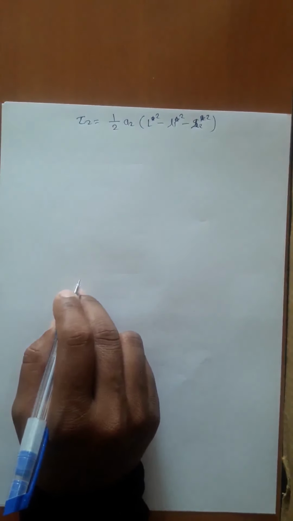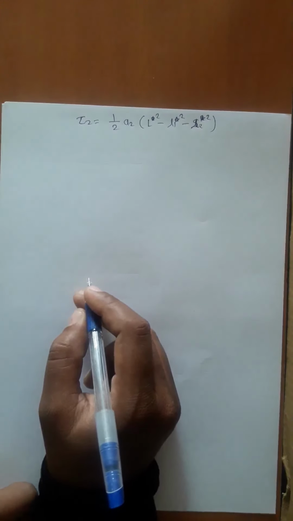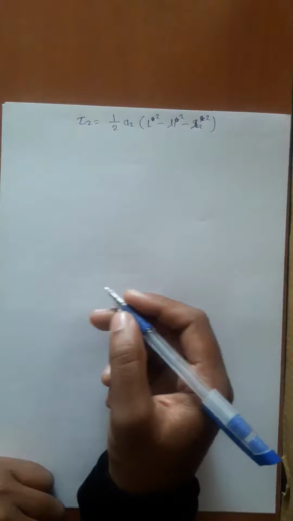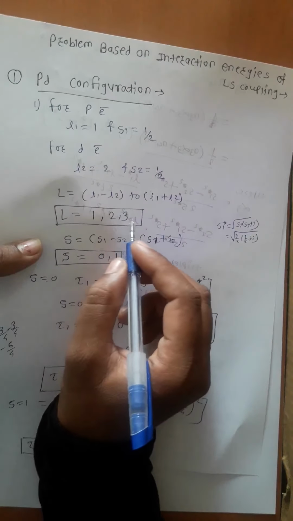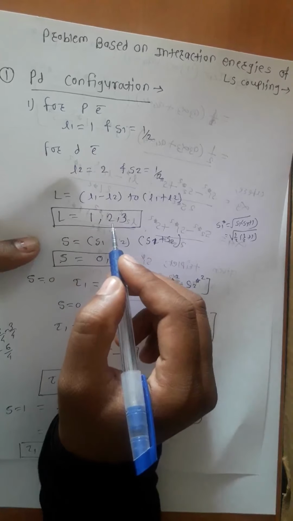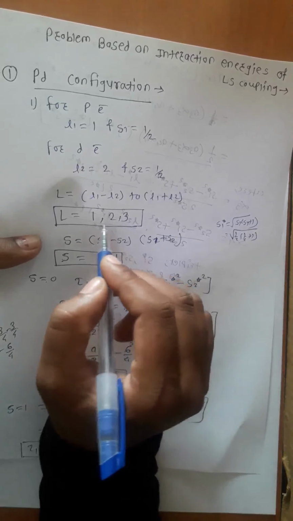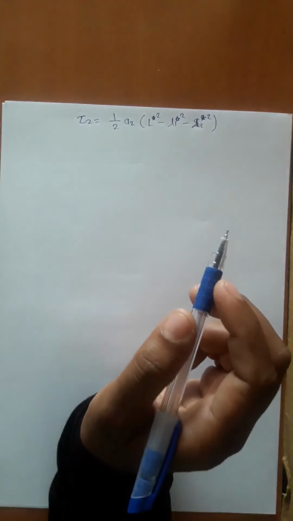Here we have 3 L values, L is equal to 1, 2 and 3. Now first we calculate the singlet and triplet terms, L is equal to 1, 2 and 3.